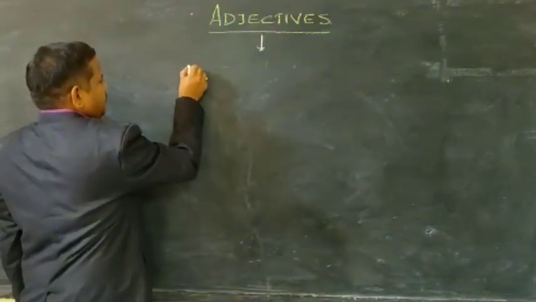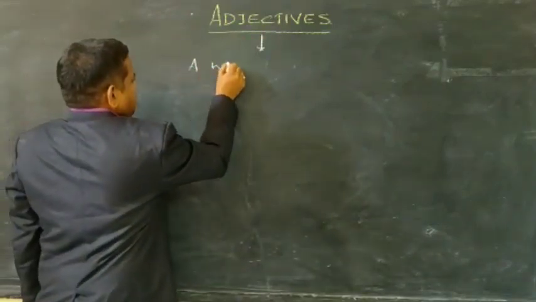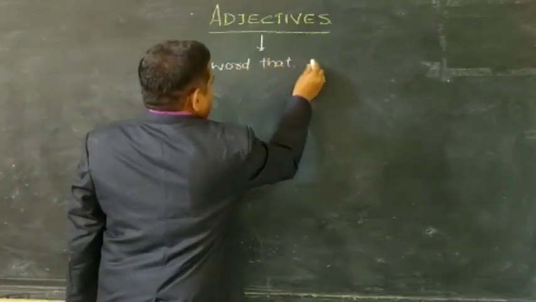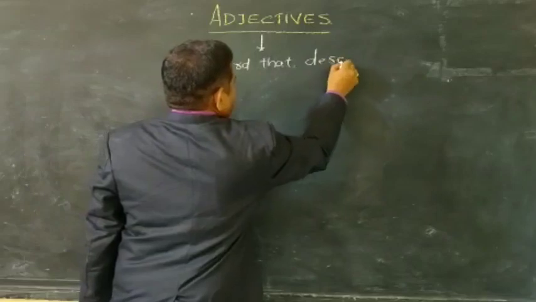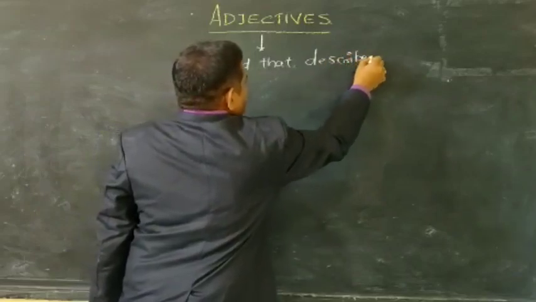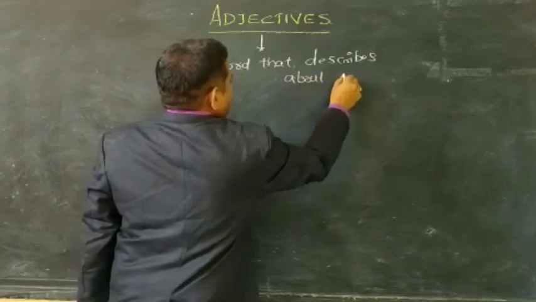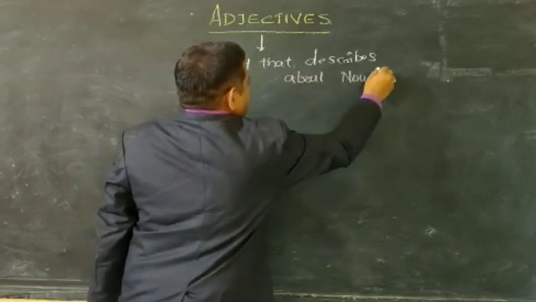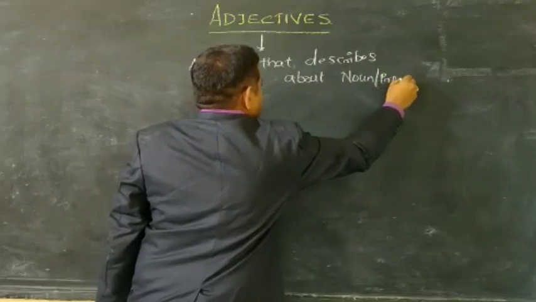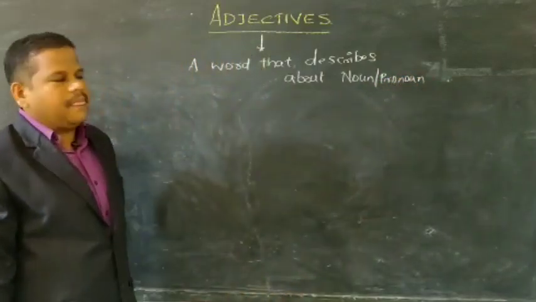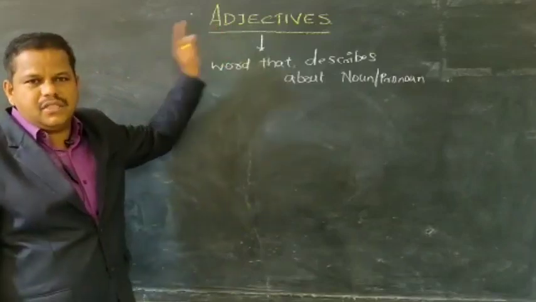An adjective is a word that describes a noun or pronoun. When a word is going to describe something about a noun or pronoun, it is called what here? Adjective.